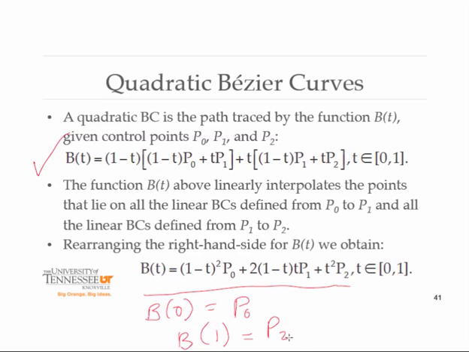And then by the time it gets to P2, it's going to roll from linear Bezier curves starting with P0 in the direction of P1, and then to end up with linear Bezier curves P1 in the direction of P2. Again, we'll see a diagram of this in a second and make it a little bit more clear.